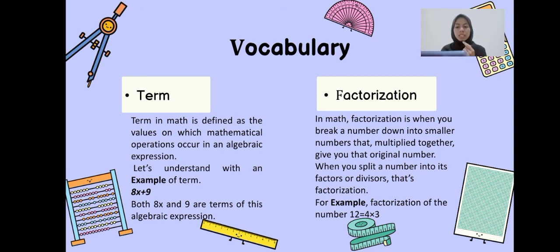In mathematics, factorization is when you break a number down into smaller numbers that multiply together to give you the original number. So when you split a number into its factors or divisors, that's factorization. For example, the factorization of the number 12 is 4 times 3, 6 times 2, just like that.